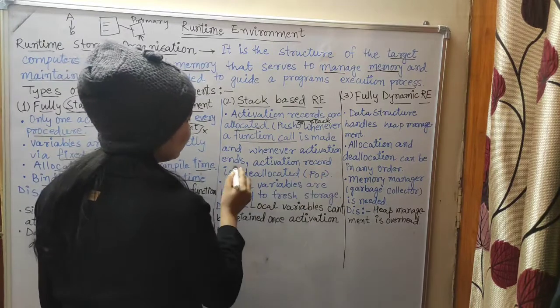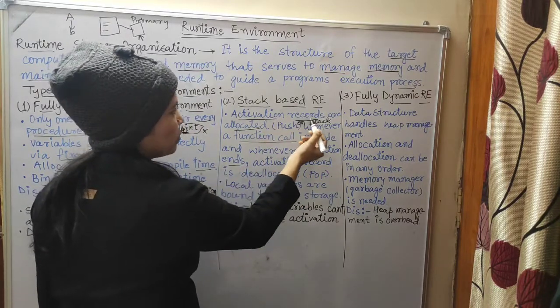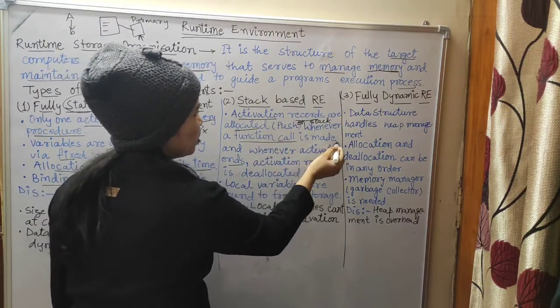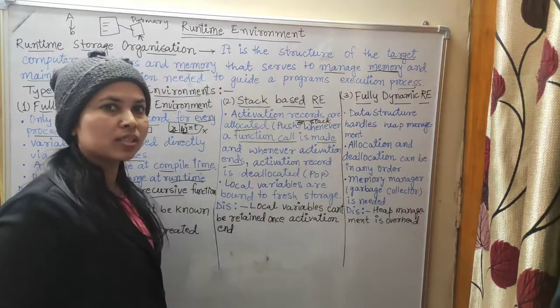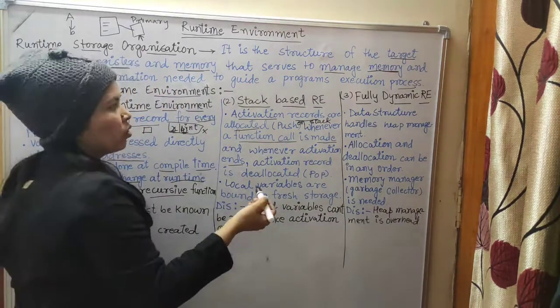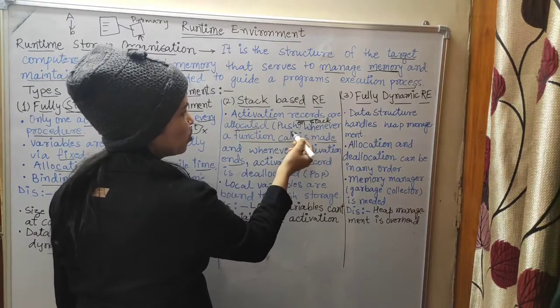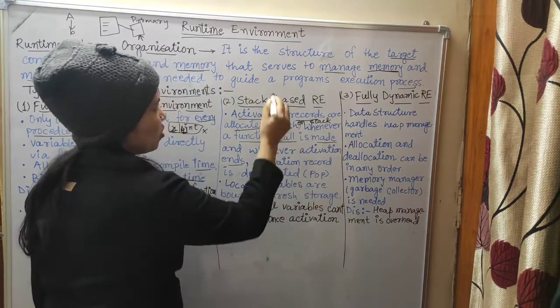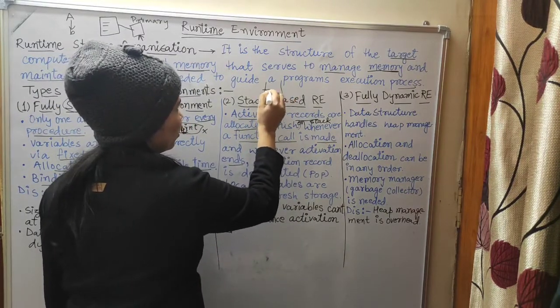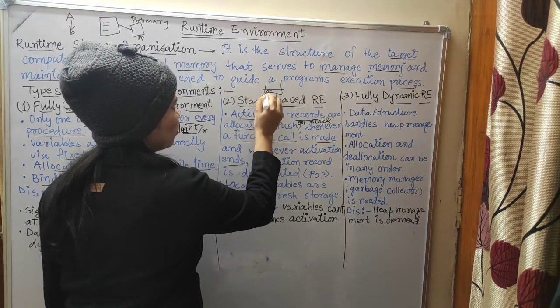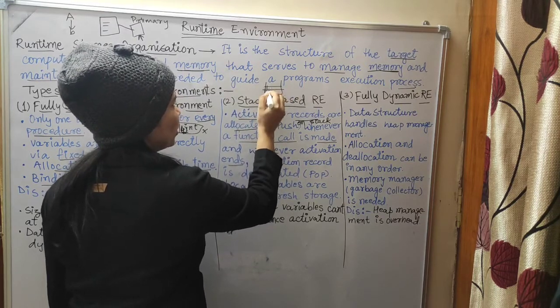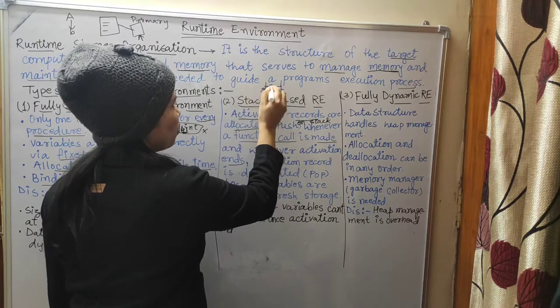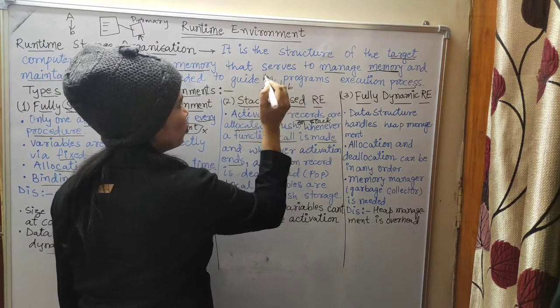Whenever an activation record begins, the data will be pushed, because on the stack we are pushing the data. Suppose I push A, then B, like this. This is called push, and pop means we will delete or remove it.